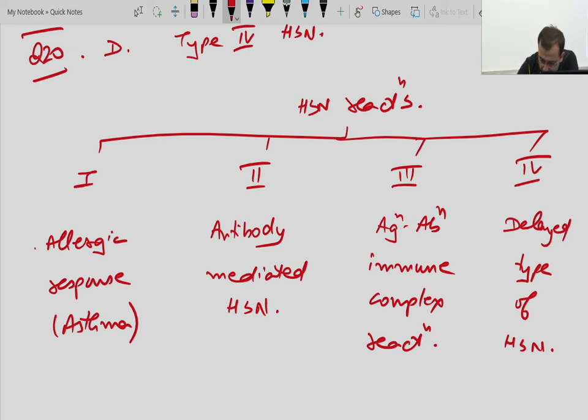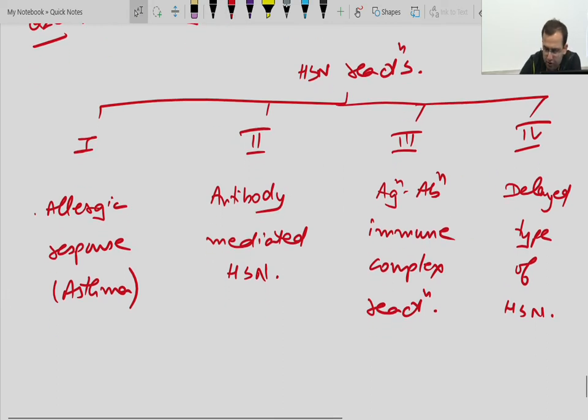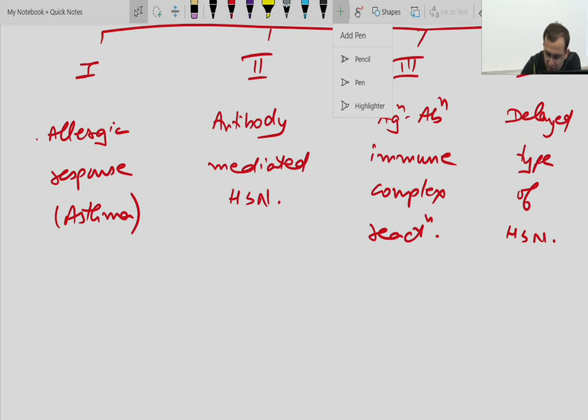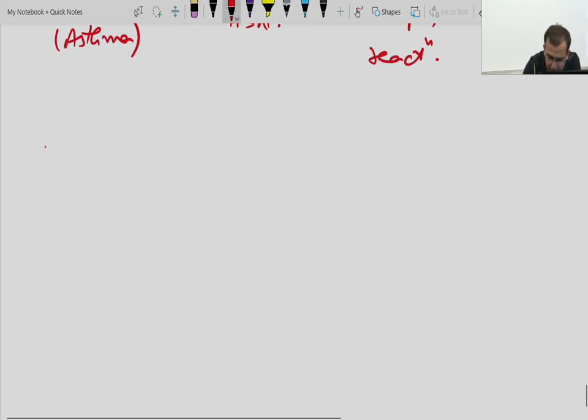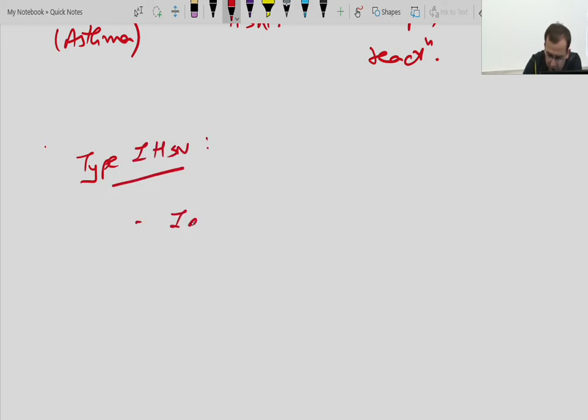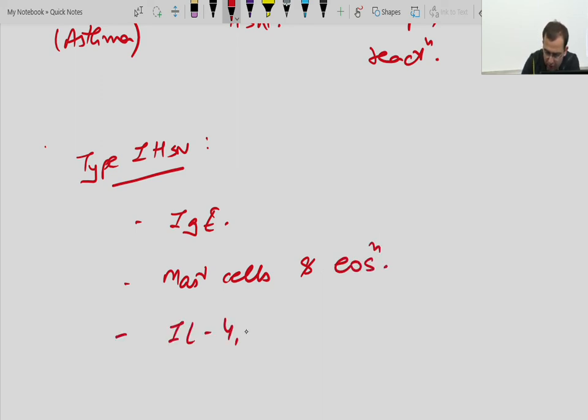Next point, let us see the salient features of each. They are important. Starting with type 1 hypersensitivity, I'm not even going to tell you that the most common immunoglobulin is IgE. Cells involved are mast cells and eosinophils. Cytokines involved: interleukin 4, 5 and 13.